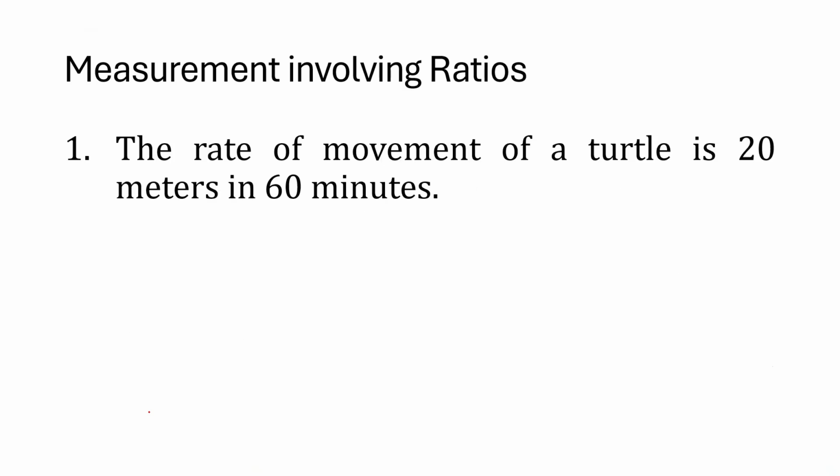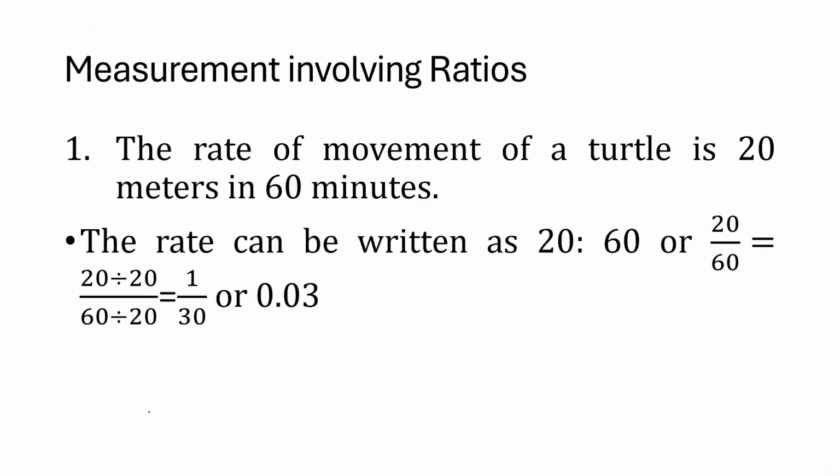Okay, so let's try to answer the questions. Number 1, the rate of movement of a turtle is 20 meters in 60 minutes. So the rate can be written as 20 is to 60, or in fraction form, 20 over 60.